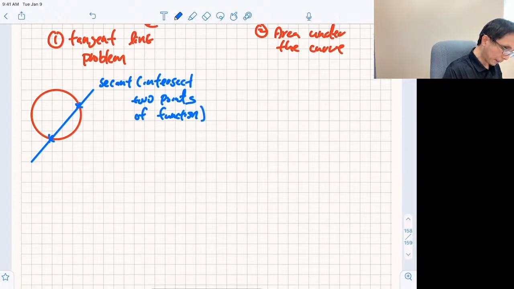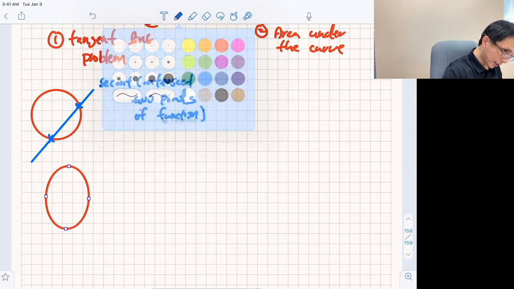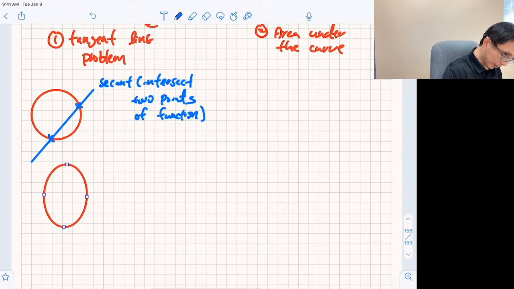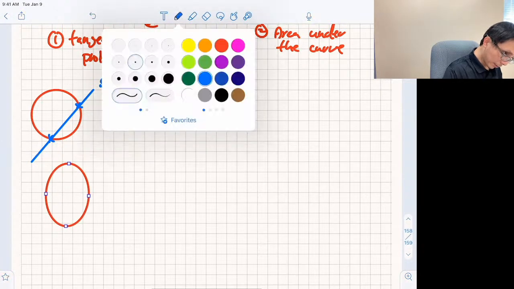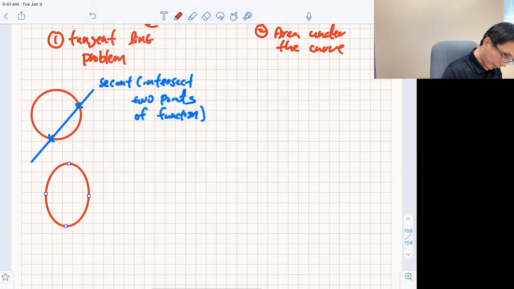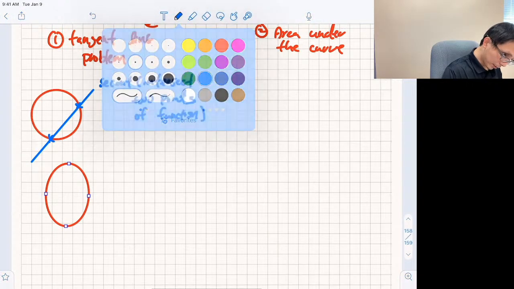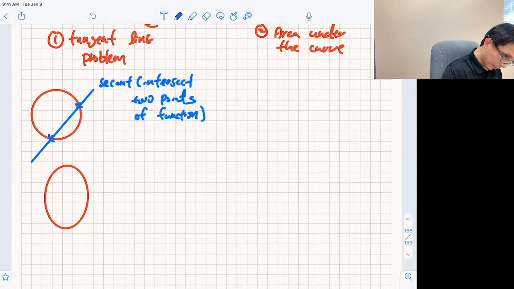And then what is a tangent line going to be? Right, it intersects exactly 1 point. Oh, I drew an ellipse, which is fine. If I have a point, and it's this point, the tangent line is going to be like this.